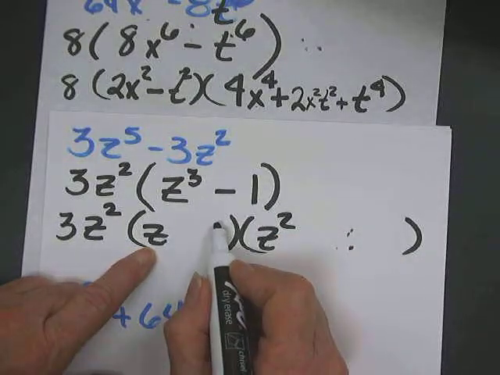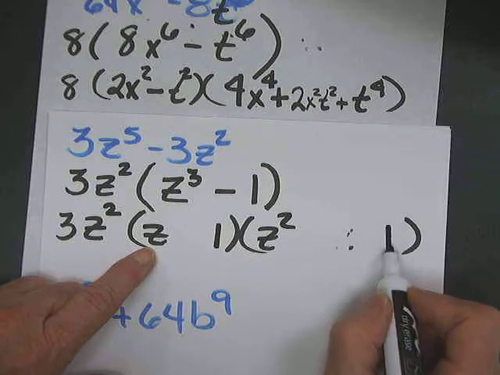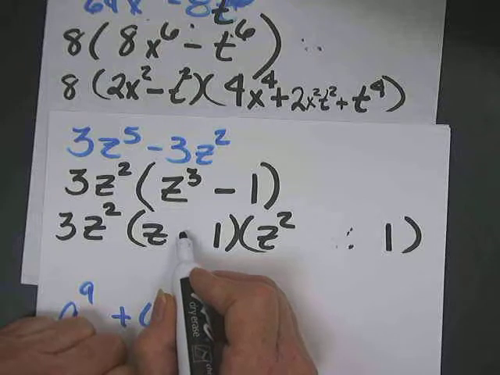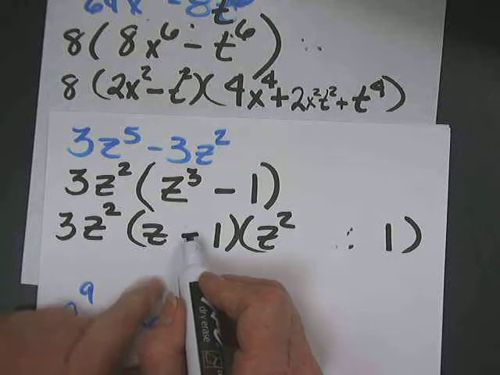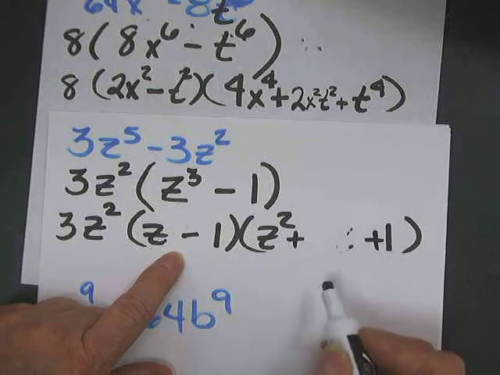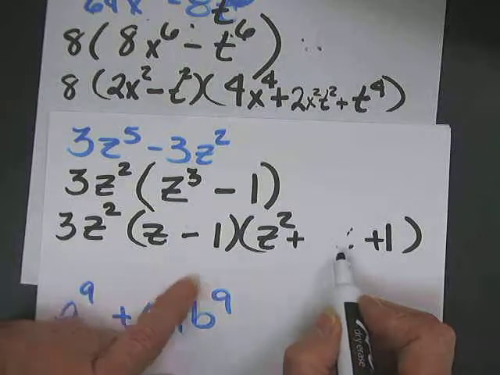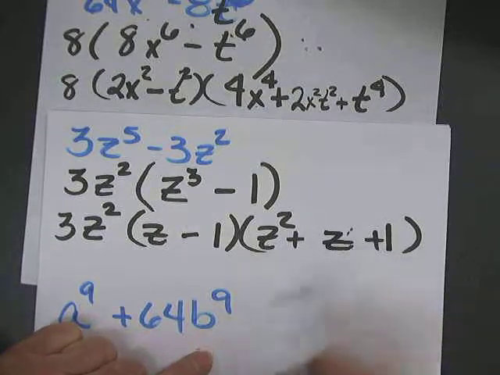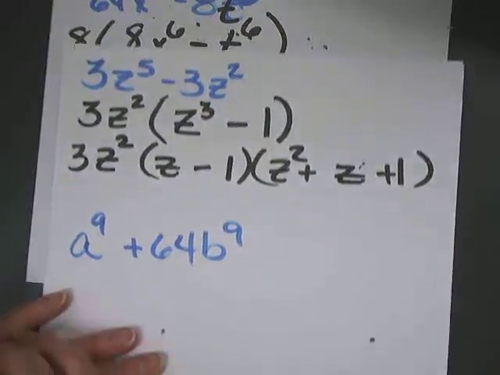And anything else? Z squared. Yeah. Because we're looking and seeing this isn't cubed, so we probably better find something to make it cubed, right. So the first thing will be z cubed minus what? 1.